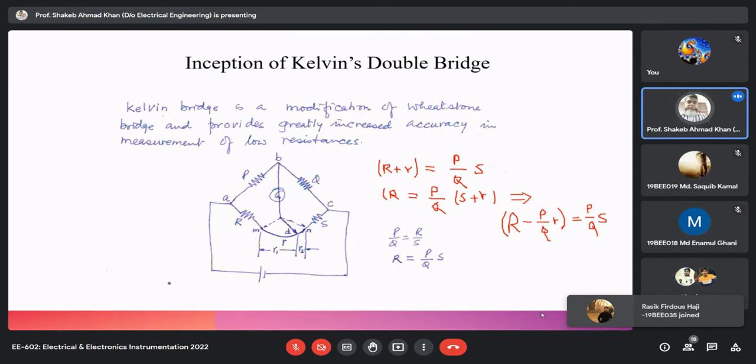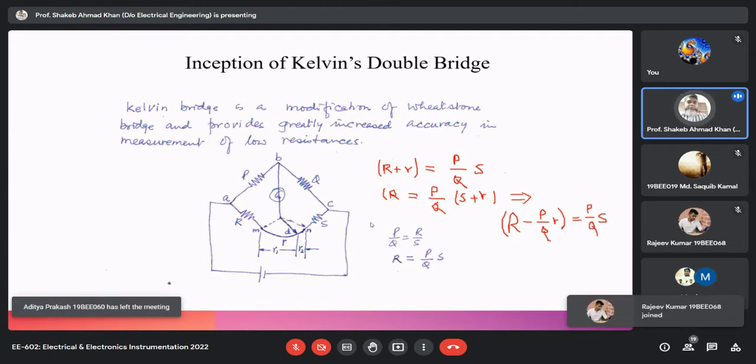Yes, sir. So we were talking about the Kelvin's double bridge. Kelvin's double bridge is a modification of the Wheatstone bridge, and as I told you, in measurement of small value resistances, the main challenge is lead and contact resistance.